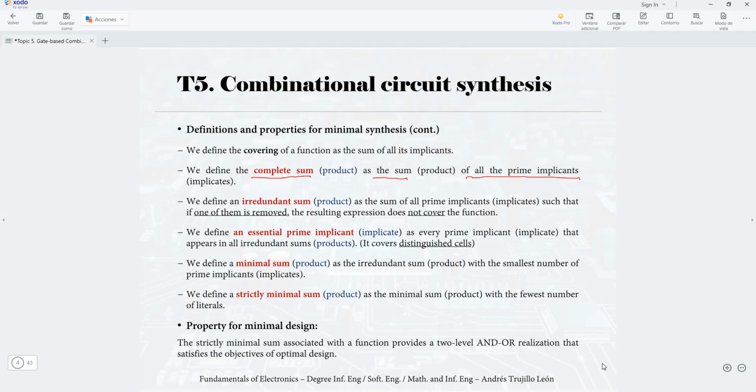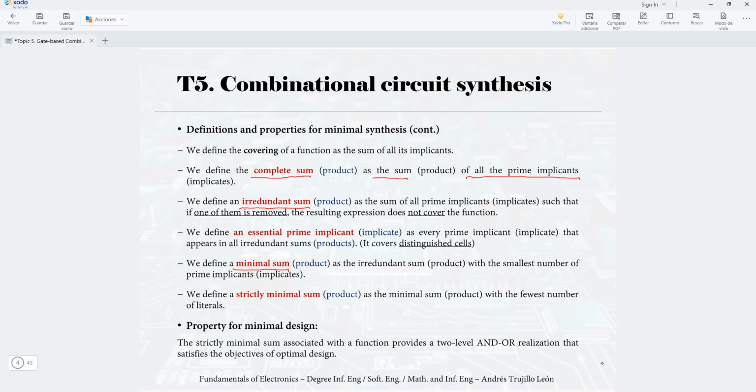Now we are going to see the concept of irredundant sum and minimal sum. The irredundant sum is going to be the sum of prime implicants of a function in a way that if we remove some implicant from the sum, the Carnot map is not completely covered. We are leaving ones out.